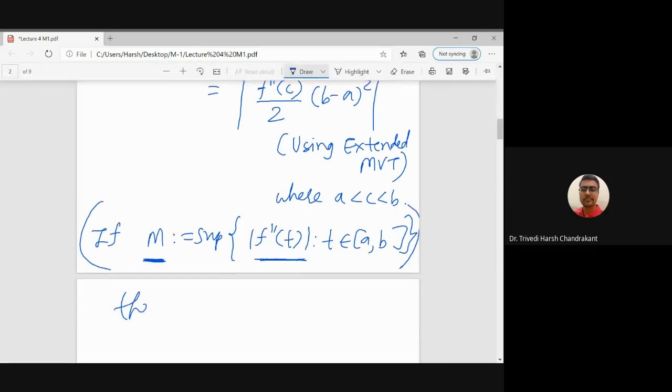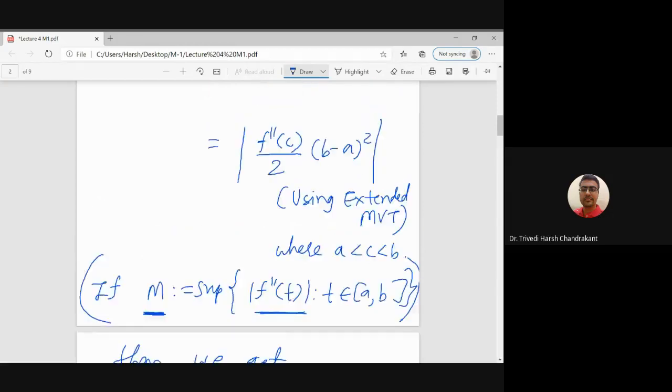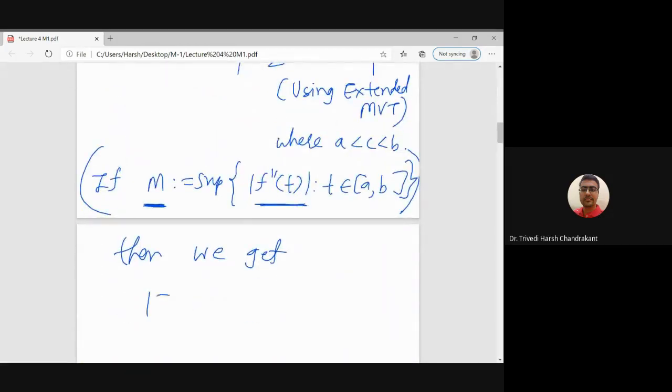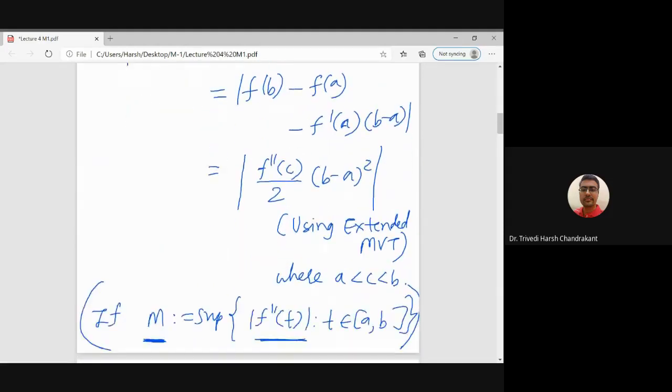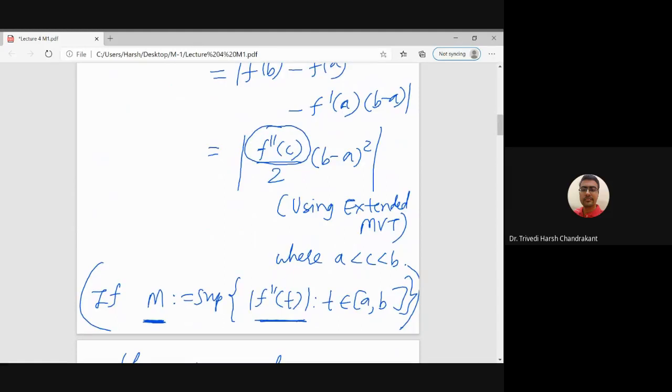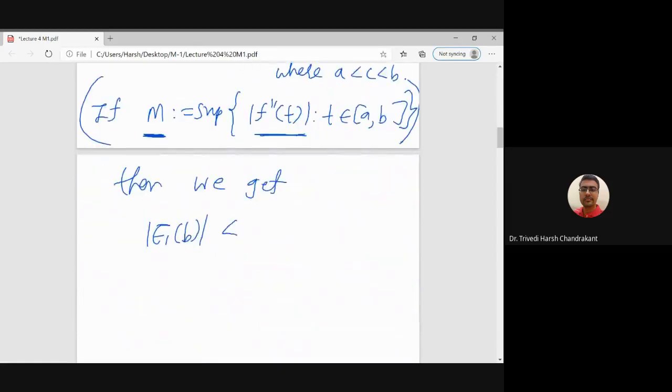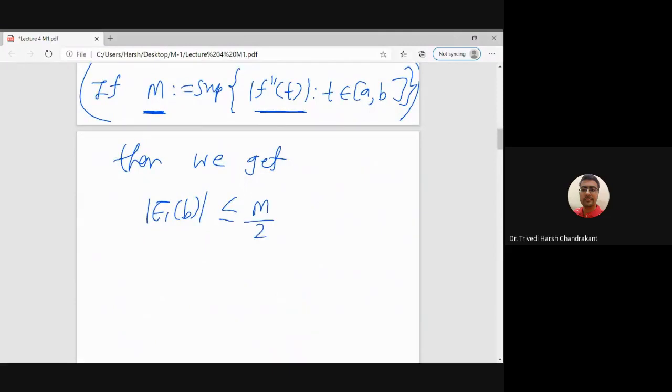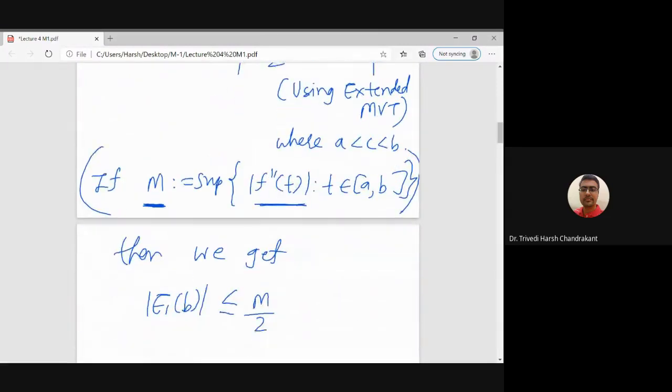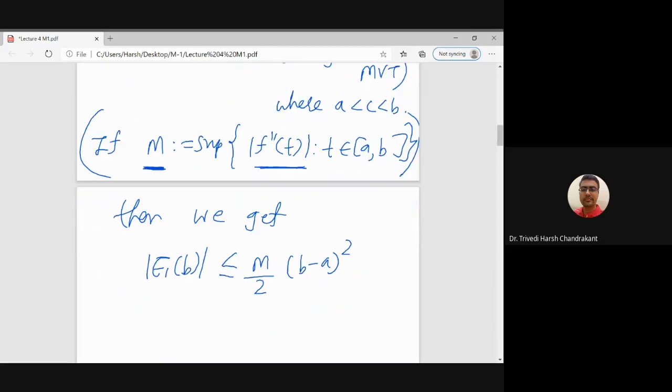So this quantity, modulus of e1 of b, is less than or equal to, because now we are estimating f double dash c by m, m divided by 2 into b minus a square. So the error we have estimated by the maximum value of the function f double dash and the length of the interval, that is b minus a.